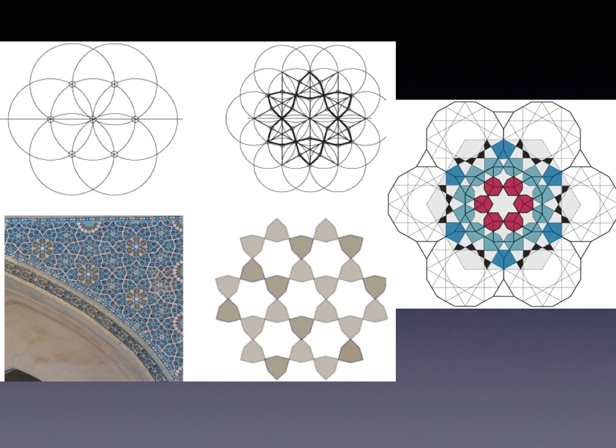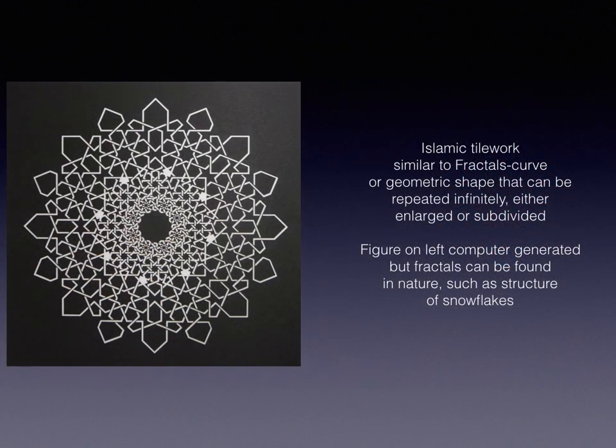And the interesting thing about these complex patterns is that they can be replicated in computers and have a great deal to do with fractals, which are those shapes or curves that can be repeated infinitely. And that notion of the infinite is really at the core of this tile ornament.